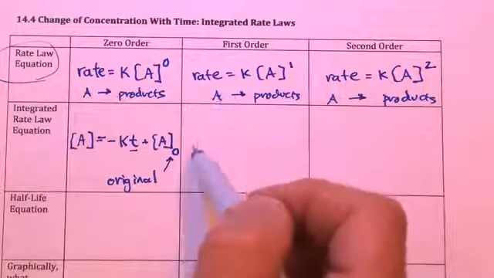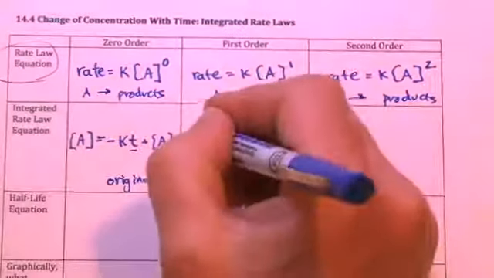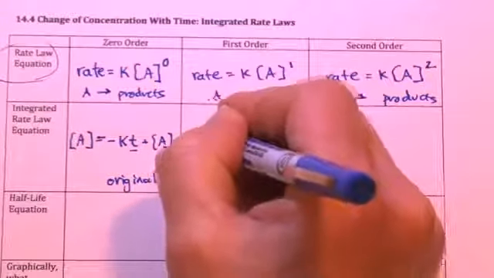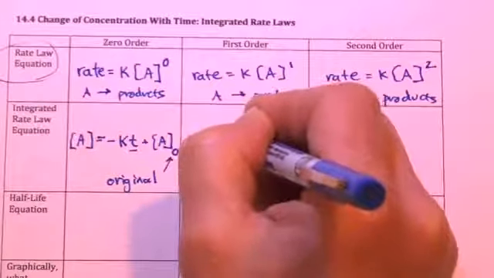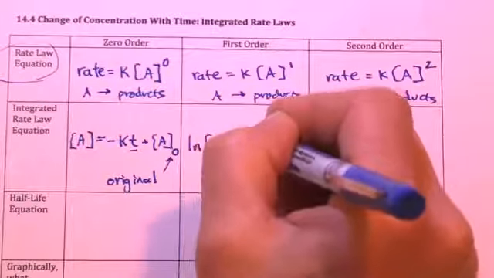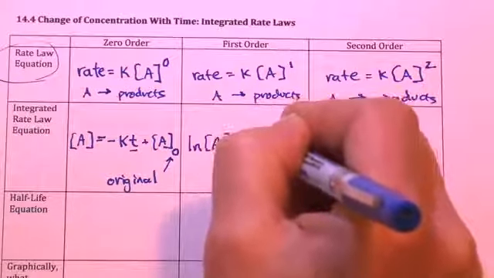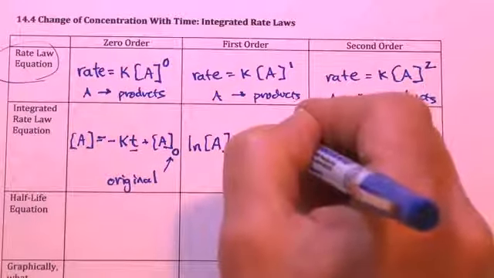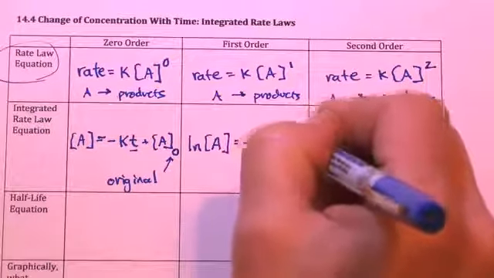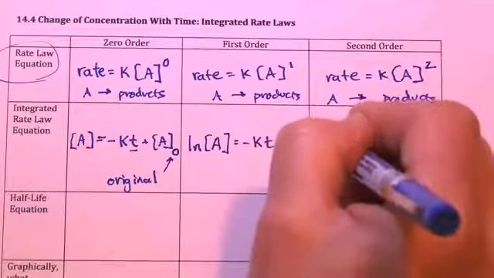rate law equation, if we perform integration on that, the equation becomes natural log of A is equal to negative K times T, where K is the rate constant, T is some unit of time, plus the natural log of the concentration of A original.